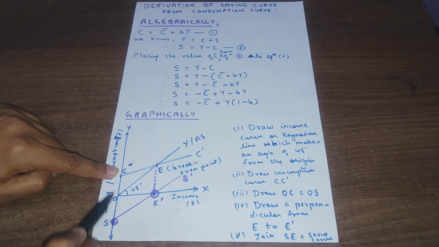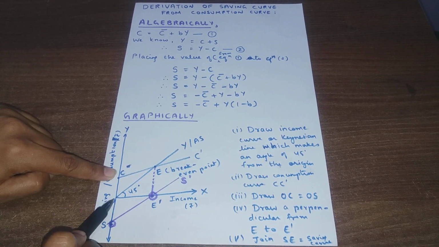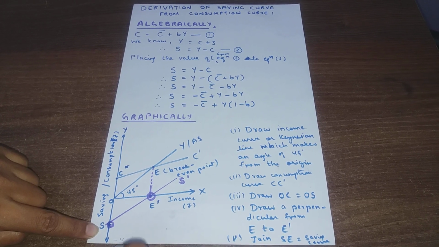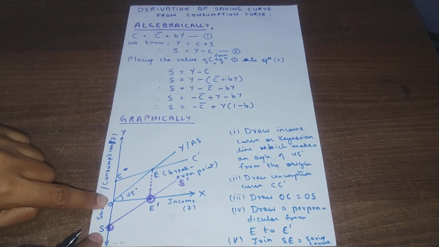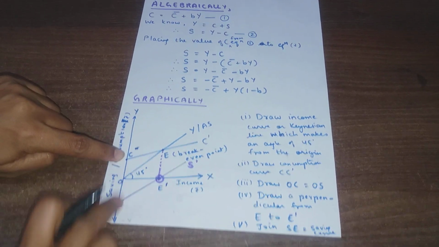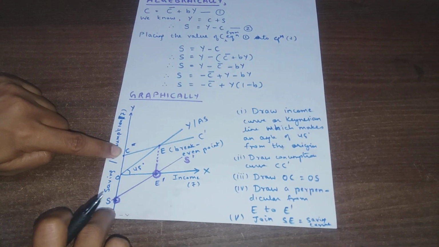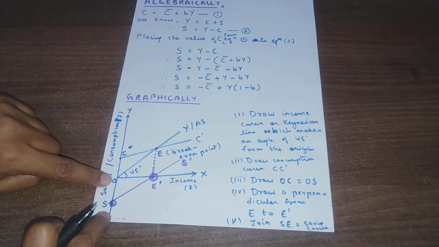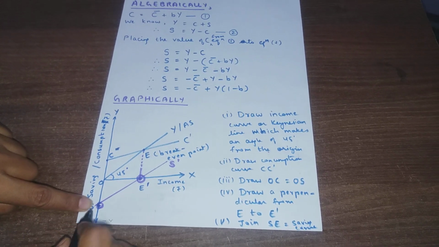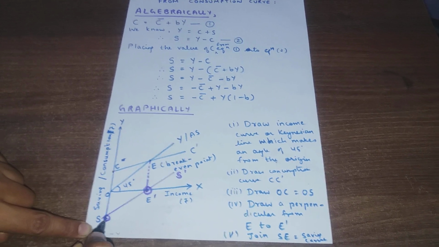Whatever distance is between O and C, that much distance has to be taken on minus Y axis as OS. So C and S should be equidistant from O. So this is OS.